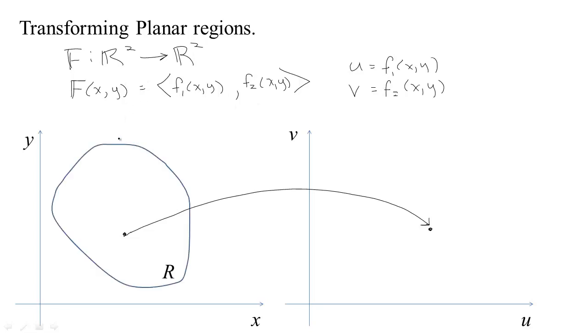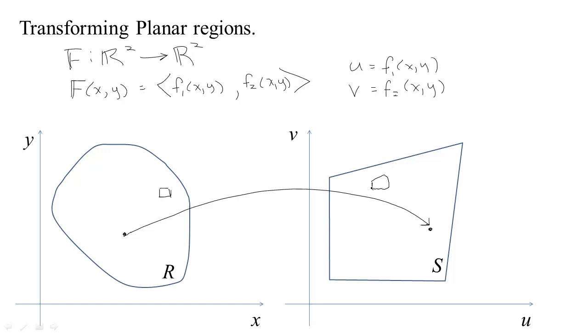So if we have now a region in the xy plane, we might ask, with our transformation, what new region does that get turned into? Another question we might ask is, well, if we have a tiny box over here in the original xy space, what size will that box become under the transformation?